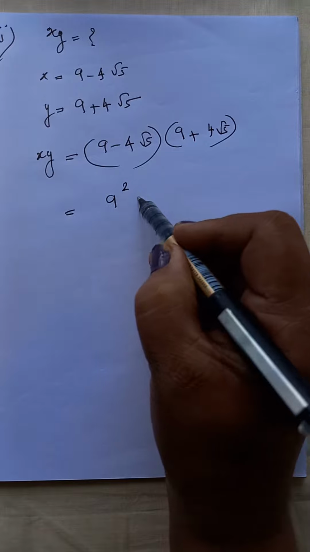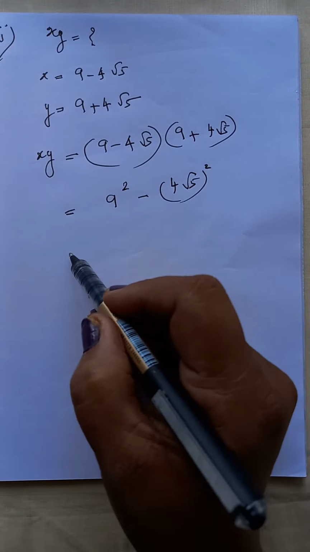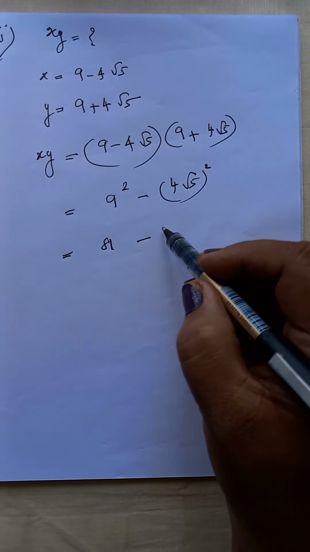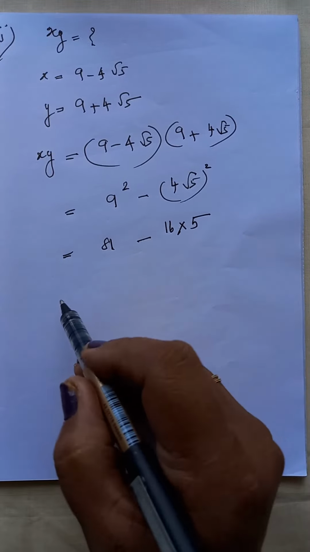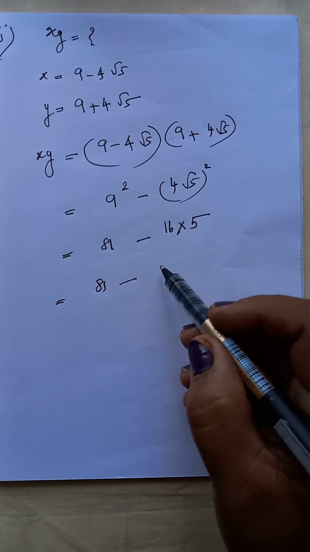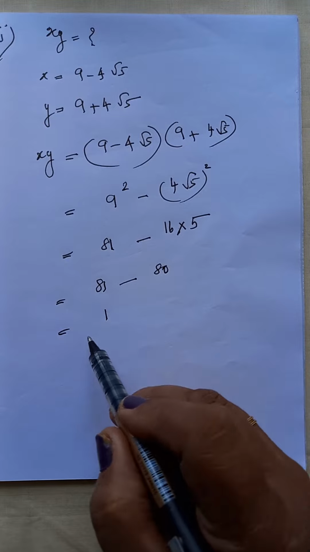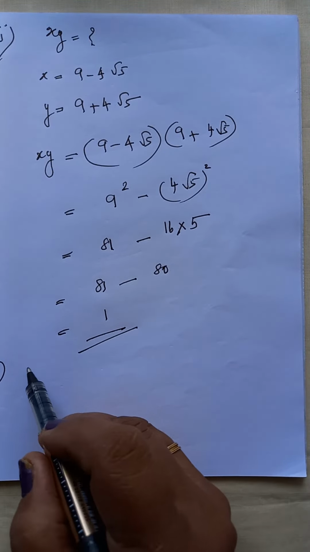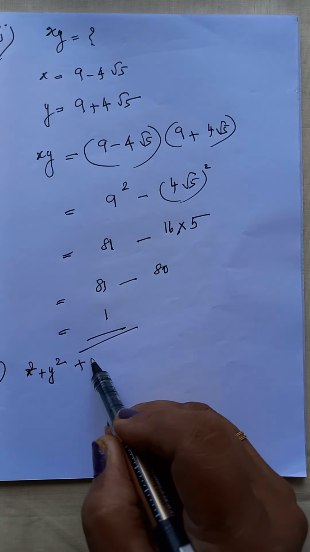So, 9 square minus 4 root 5 whole square. That is equal to 9 square is 81 minus 4 square, that is 16, into root 5 square is 5. That is 81 minus 16 into 5, that is 80. That is 81 minus 80 is 1. That is the answer to the third sub-question. Now fourth sub-question, that is x square plus y square plus xy.